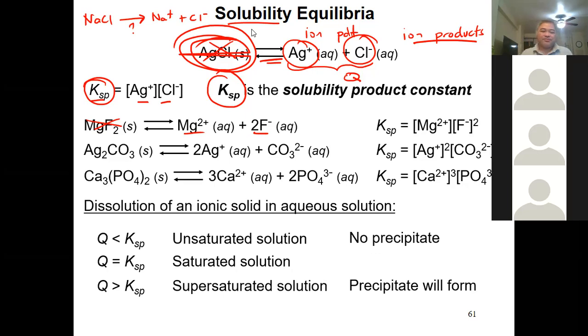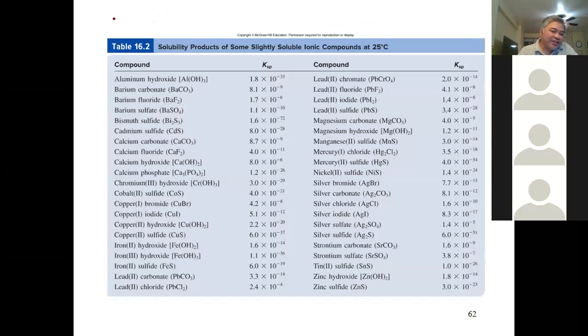Okay? Now, what does this Ksp tell us? How is it related to Ka and Kb that we have discussed? Ksp also conveys information with regard to the solubility of a given compound.